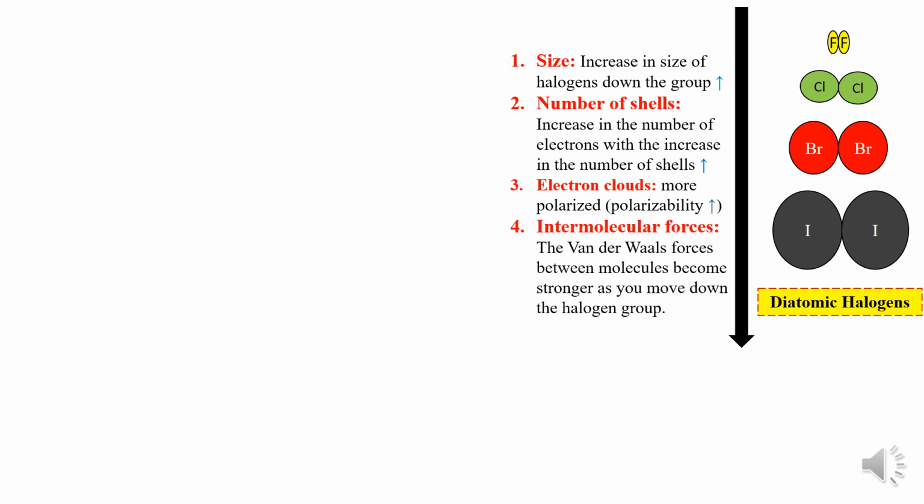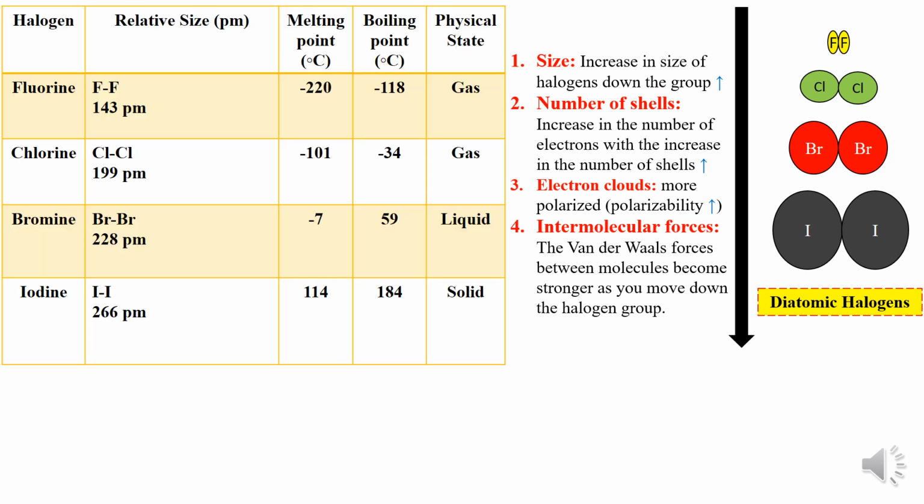The end result is that the intermolecular force, that is the van der Waals forces between the molecules, become stronger, resulting in greater attraction as you move down the halogen group. And this strong intermolecular force as you go down the group is reflected in the physical properties of the halogens.